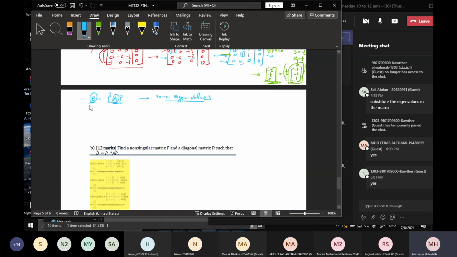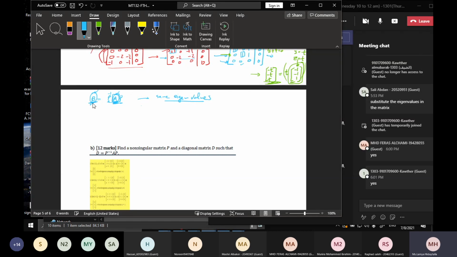Now, if one of these is diagonal, let's assume B is diagonal, we say that the matrix A is diagonalizable. If B is diagonal, we say A is diagonalizable. Clear?